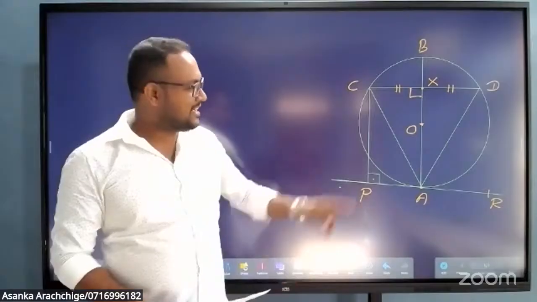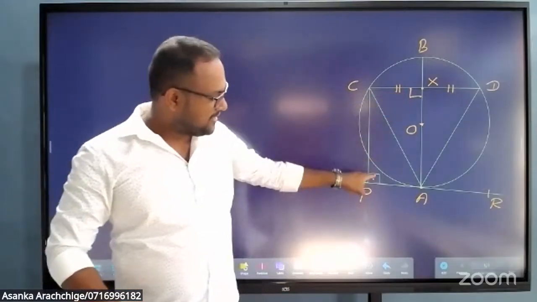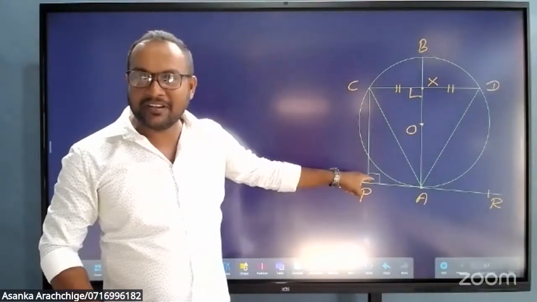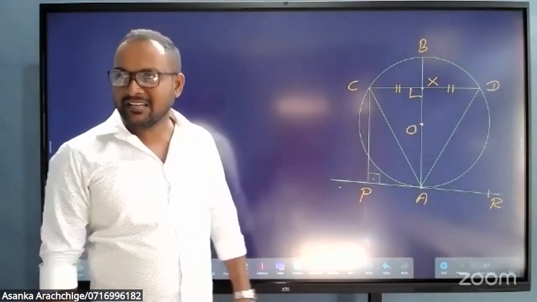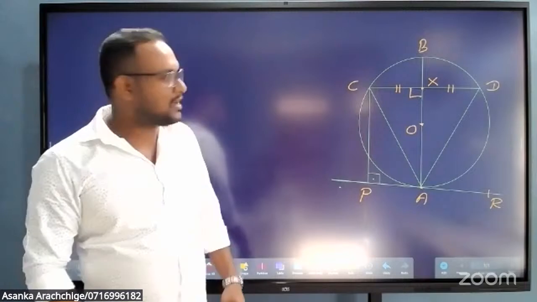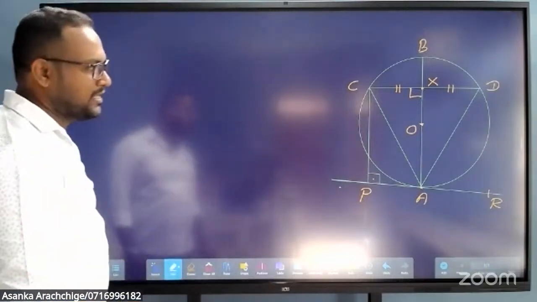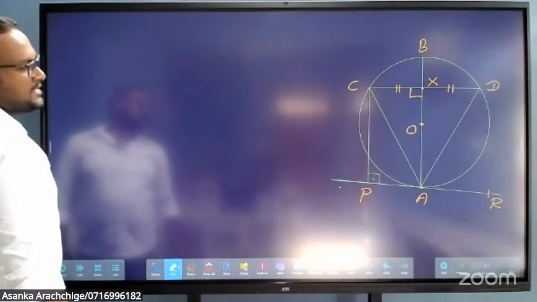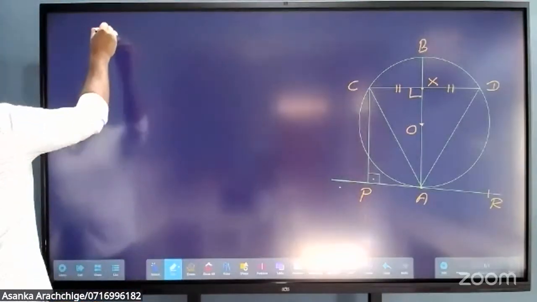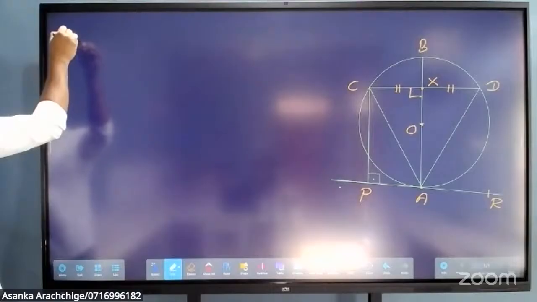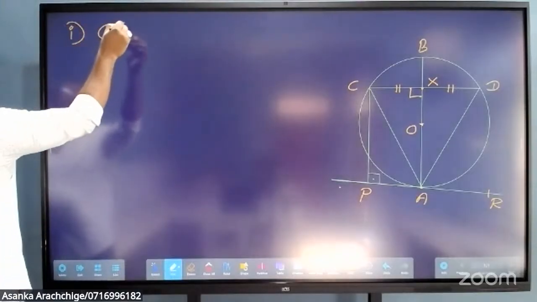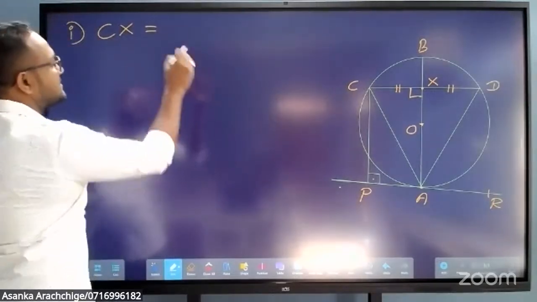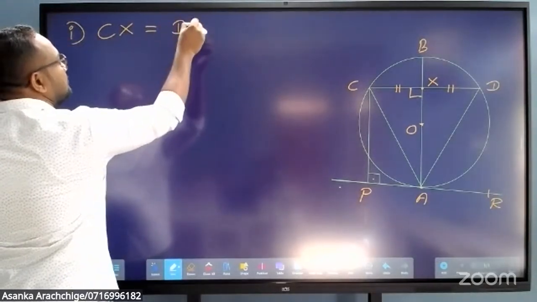Right? This is 90, this is 90, opposite angles are supplementary. Then this is a cyclic quadrilateral. You can say like this. CX is equal to DX, given.